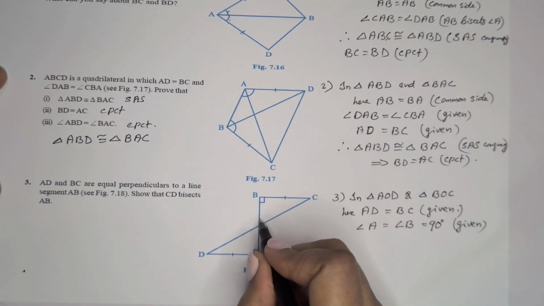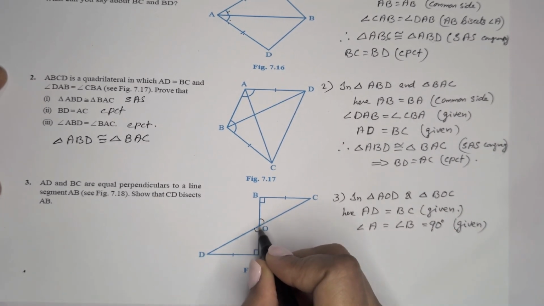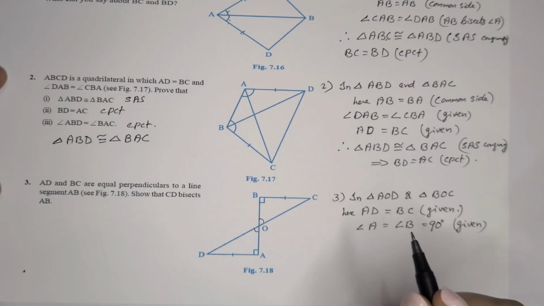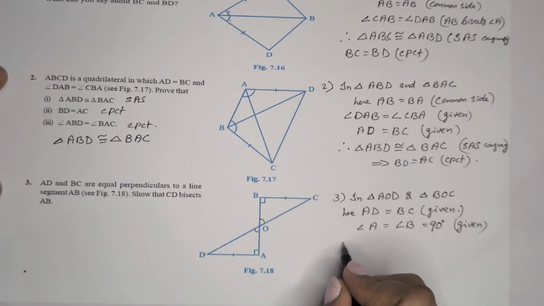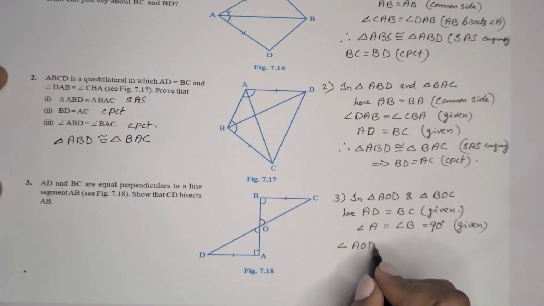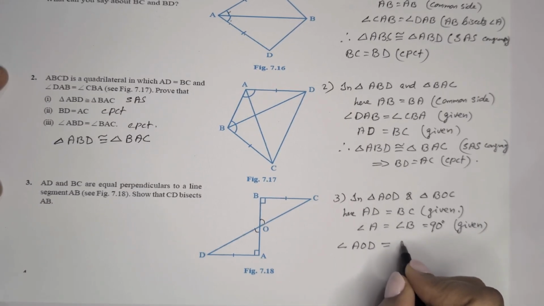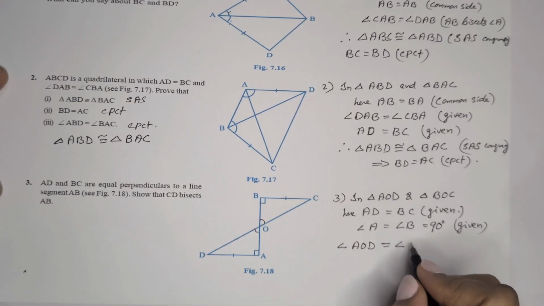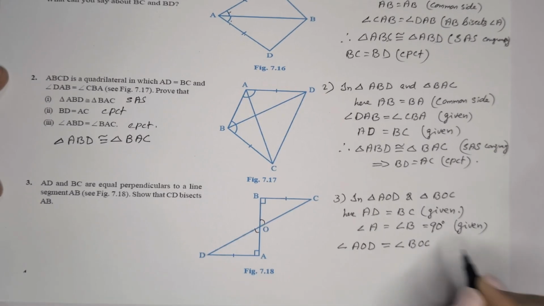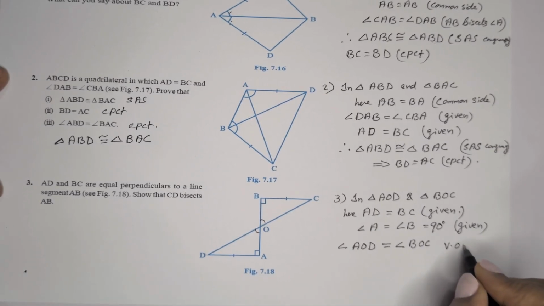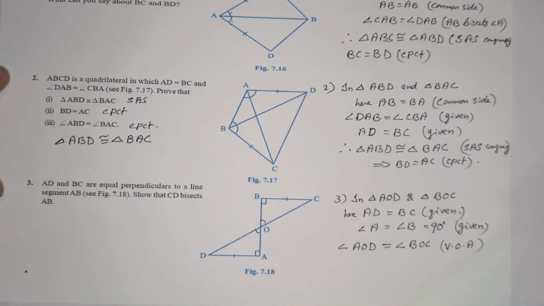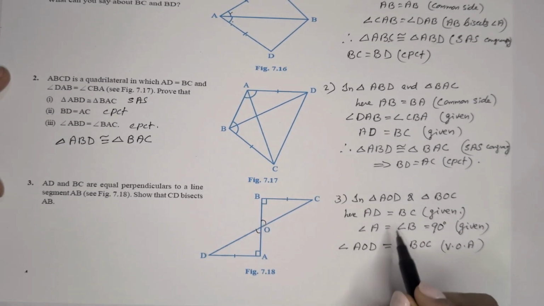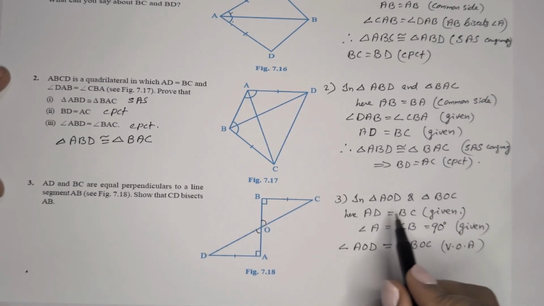Now we can consider this angle. These two angles are vertically opposite angles. So we can write angle AOD is equal to angle BOC. Reason is vertically opposite angles are equal. So we got three conditions, two angles and one side.